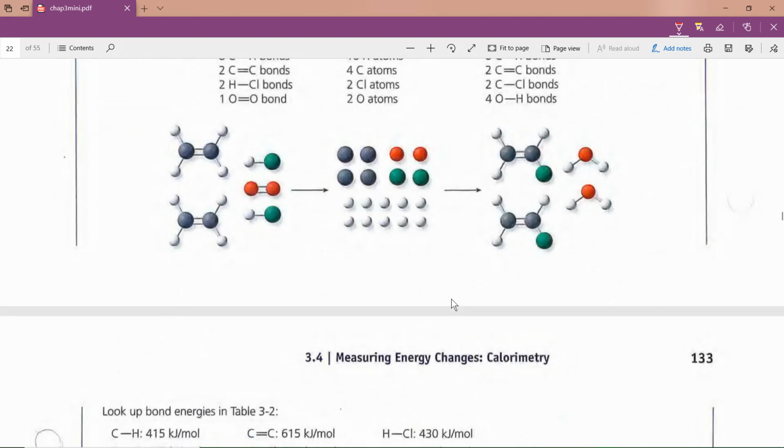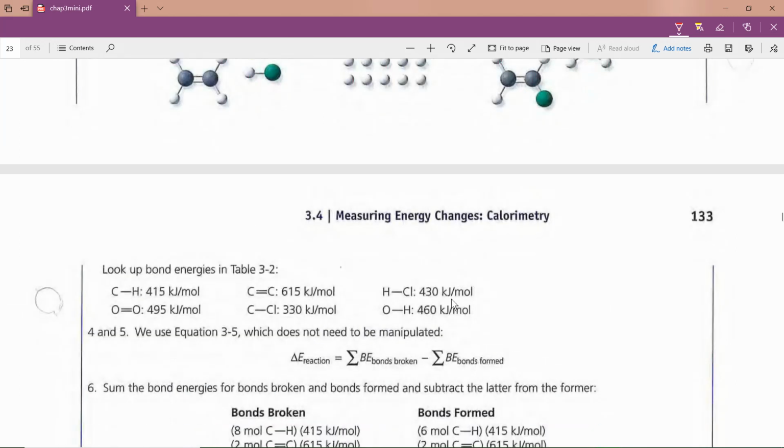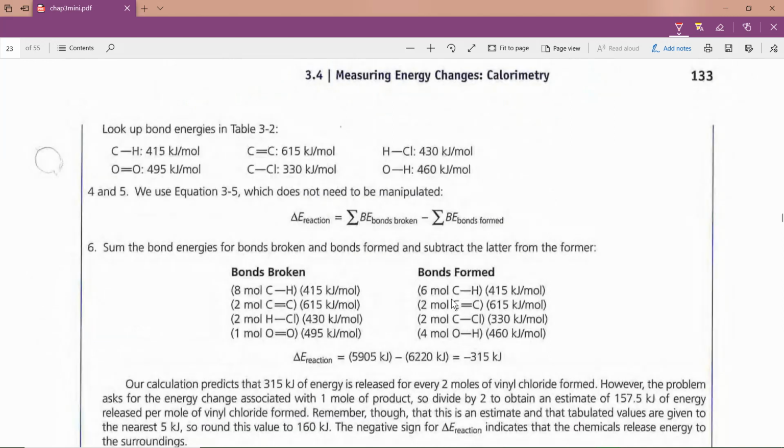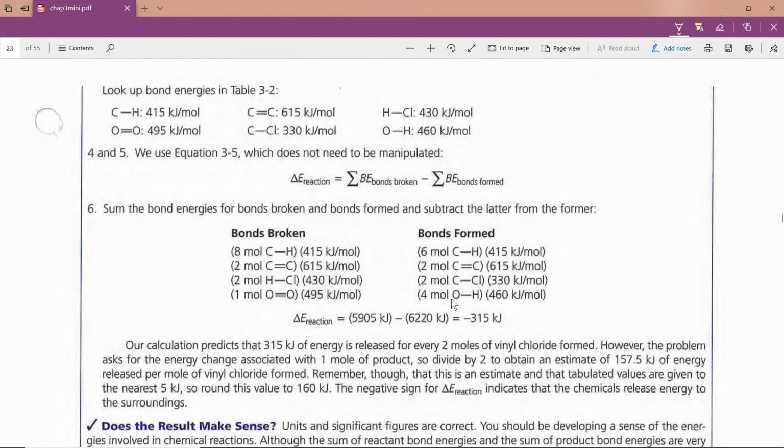So I add these all together, and I'm going to get 5905 minus 6220. So I get a delta E of minus 315 kilojoules. So this is an exothermic process.